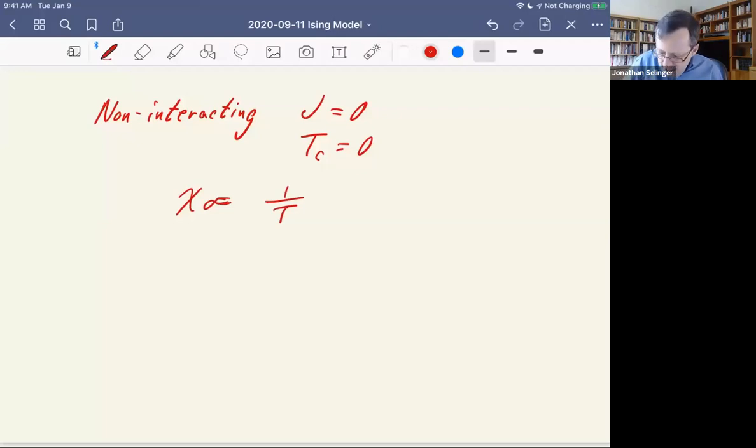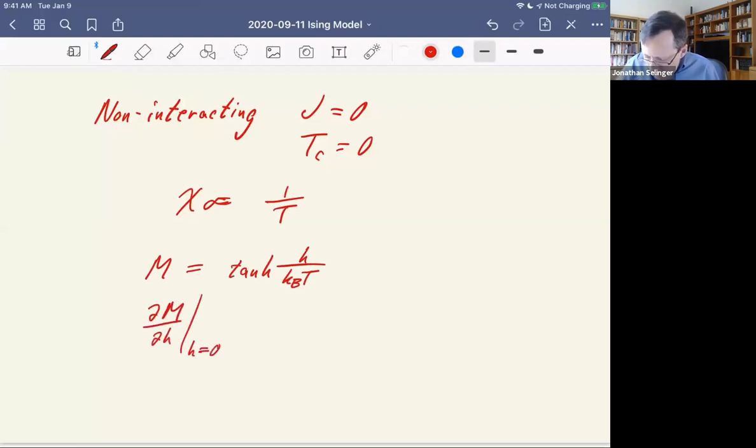In that case, we had M is the hyperbolic tangent of H over KT. So dM dH at H equals 0, I think it's 1 over KT, if I can differentiate hyperbolic tangents in my head. And so yes, that is consistent with this finding.